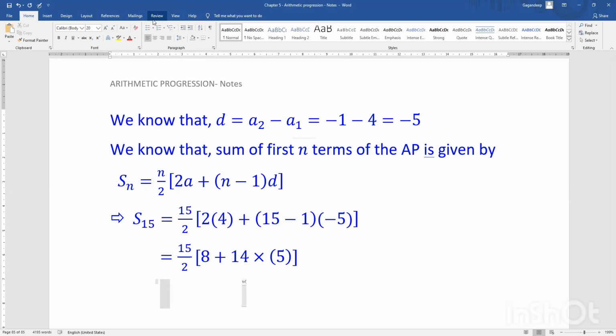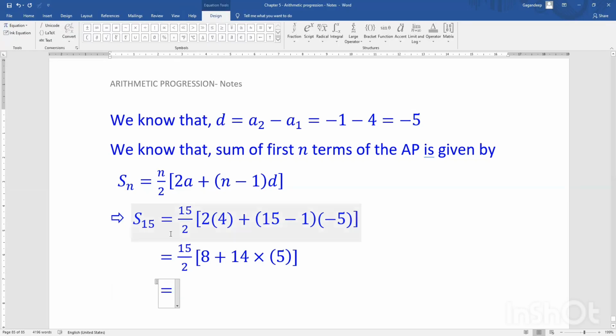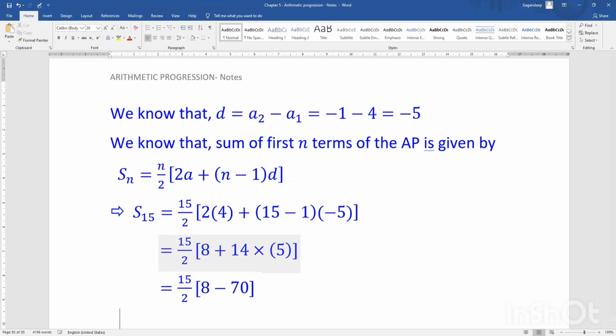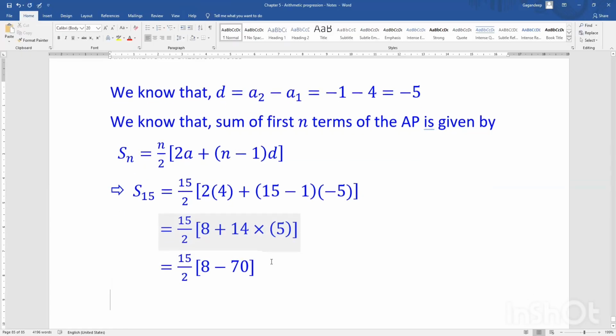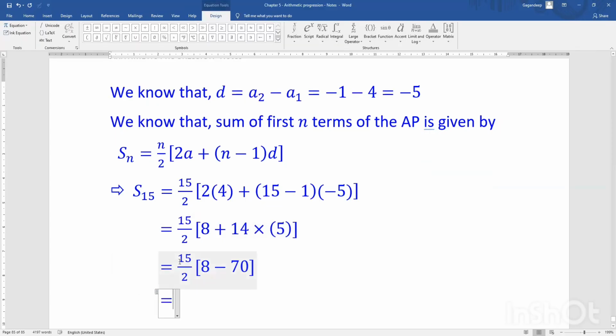Or it's equal to 15 by 2, bracket open, 8 minus 70, bracket close. Or it is nothing but 15 by 2 into, we get minus 62.